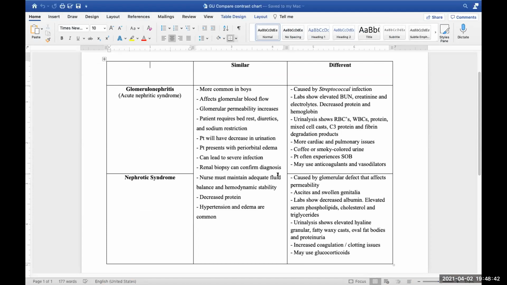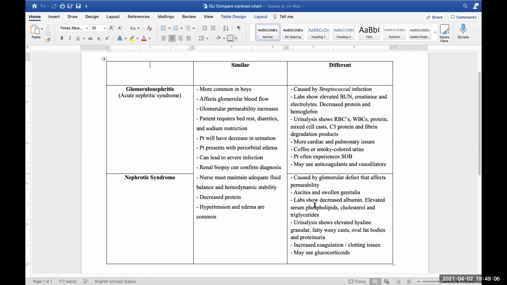I just put the nursing care along with everything else, and made mine a little more simple. It sounds like everyone else did a little bit more than I did. But things that I would do similar would be providing bed rest, diuretics, and sodium restriction.